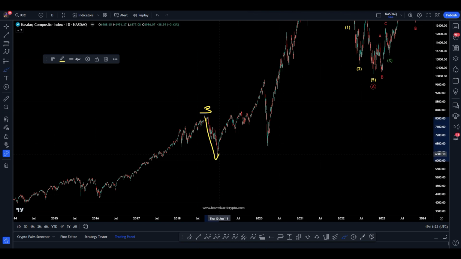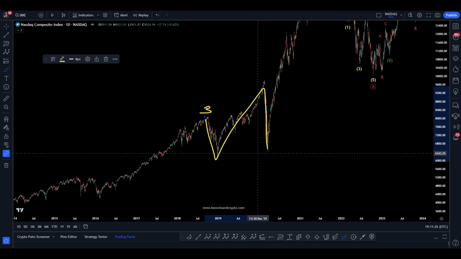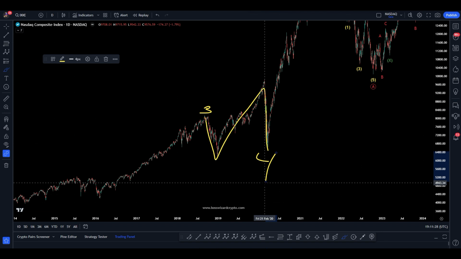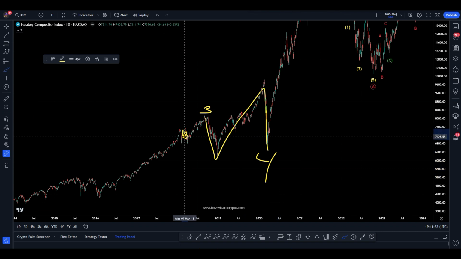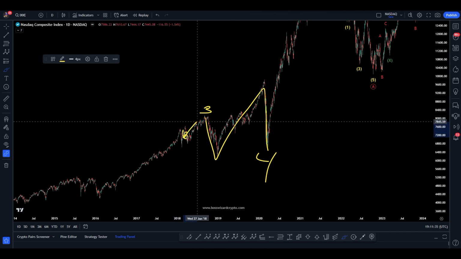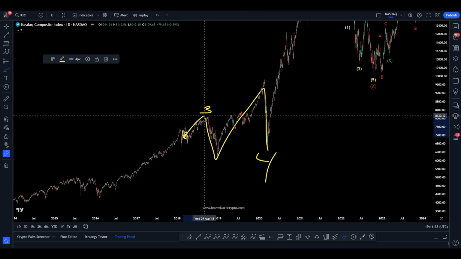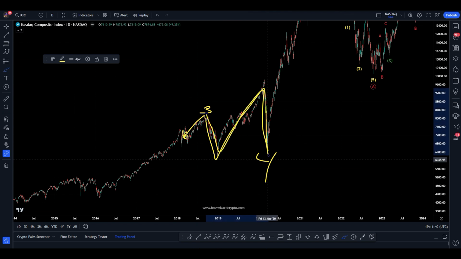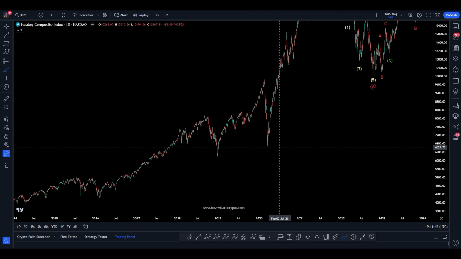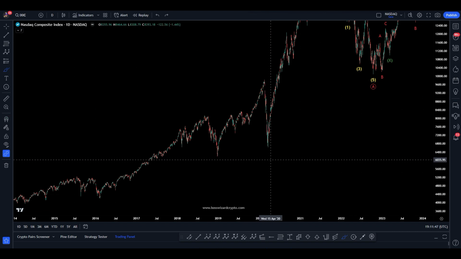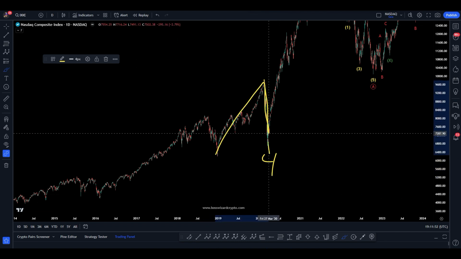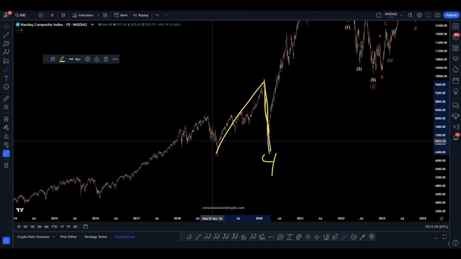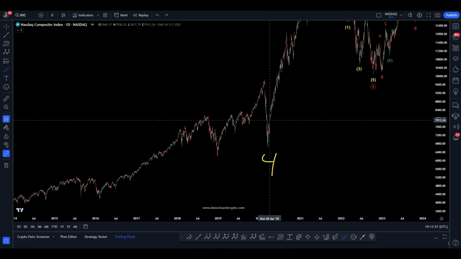So while the S&P and the Dow were correcting here, the Nasdaq had to finish its impulse, right? And then it lined up with the rest of the market. Right? But in the end, after the whole entirety of the fourth wave was completed here, they were on the same path. They're actually on the same path from here to here. But they got different patterns leading up to that point. Okay? So don't confuse that the small time frames have to align. It's the large time frames that should align.